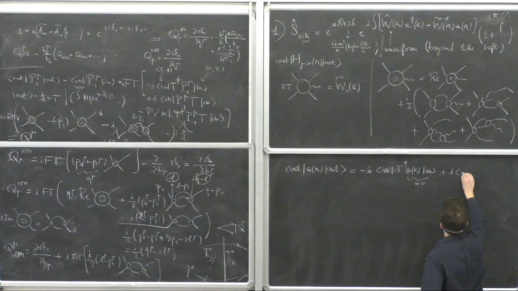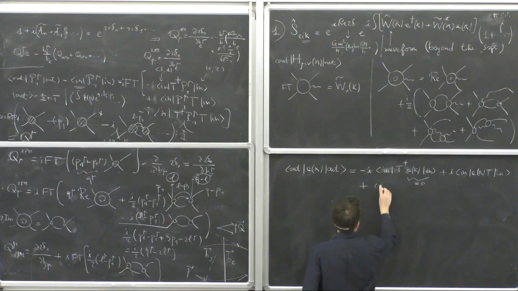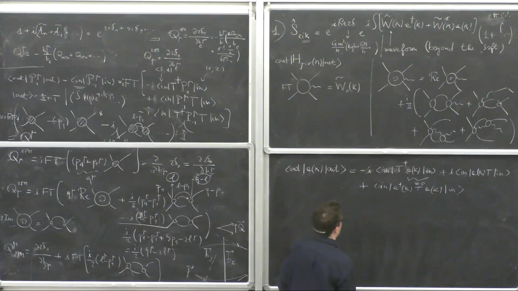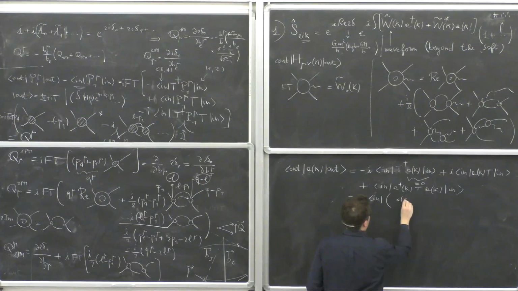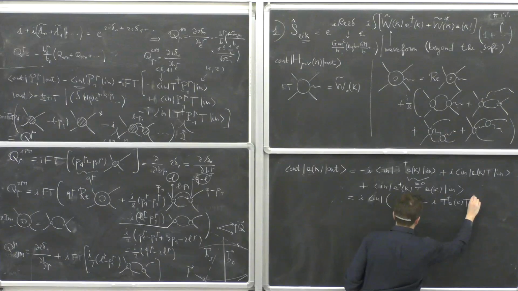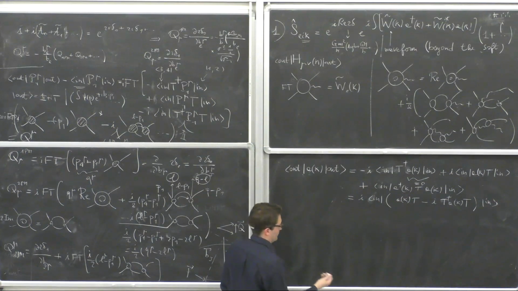Plus i ⟨in|A T|in⟩, plus ⟨in|T† A T|in⟩. Again, let me pull out a factor of i for simplicity, and also the in state, which only inserts our Fourier transform after all. And then let me evaluate it order by order in perturbation theory.